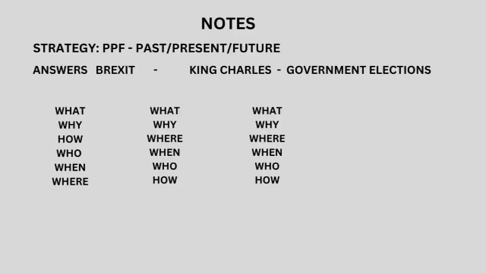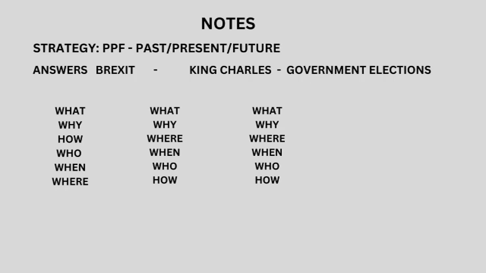So let me show you my notes now. My strategy I decided on was the past, present and future, and the answers I'm going to give for these are about Brexit, which was when the UK left the European Union in 2020.